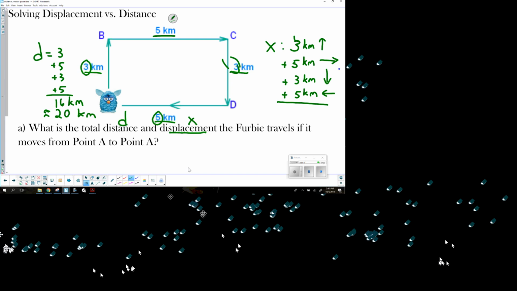And when I add these all up, all of my directions end up canceling each other out. So my displacement is going to be 0 kilometers.